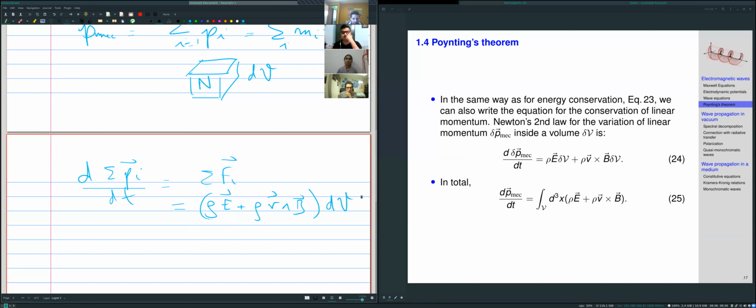Please stop me if there's something that's not clear. If I integrate over all volume elements, then the variation of the momentum inside any volume is given by the integral of the Lorentz force.